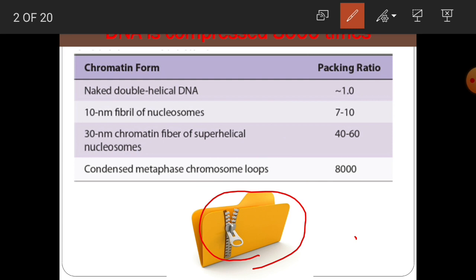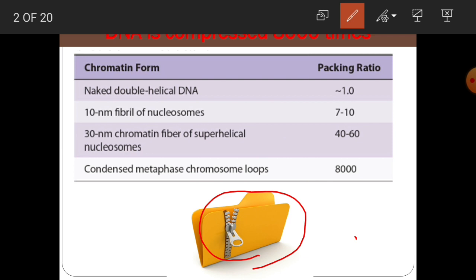So, the naked double helical DNA, if we consider it as one unit, then 10 nanometer fibril of nucleosomes. After this, naked DNA is wound over the histone octamer. What is that known as? Beads on string formation.